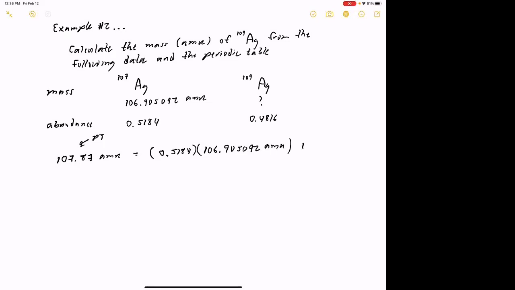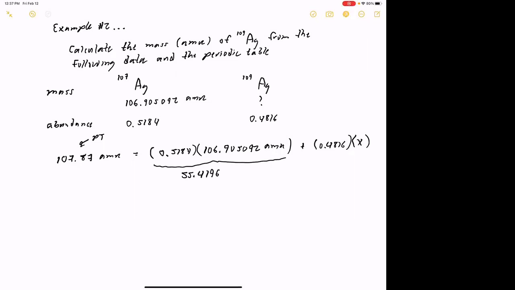Now I'm going to add to that the fractional abundance of the silver 109, which is 0.4816, and that gets multiplied by the actual mass of the silver 109. Oh, but I don't know that, so I can let that be a variable, which I'll call x. Now I can just go through my math rules. It says the first thing I'm going to do is multiply those numbers together, and if I do that, I end up getting 55.4196.